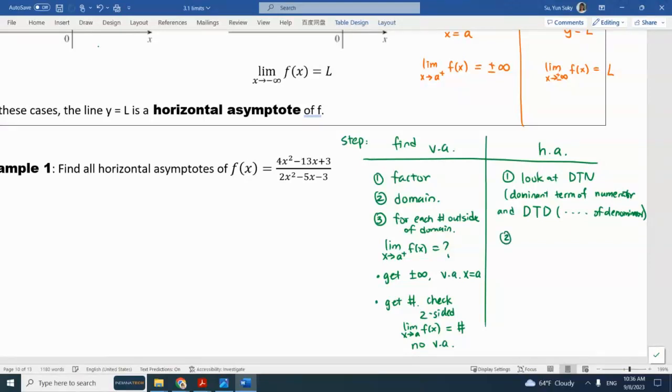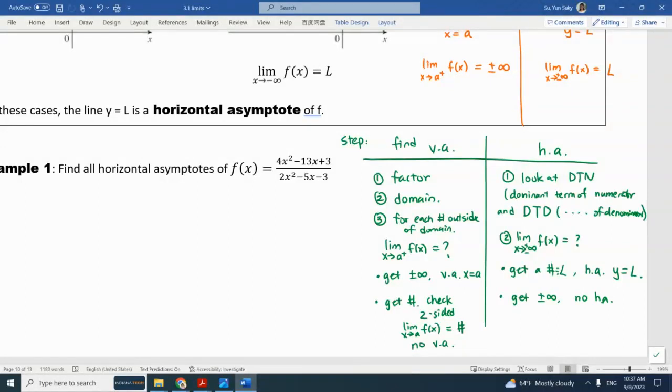Then you can compute the limit when x goes to infinity or minus infinity. If you get a number, let's say the number is L, then you have a horizontal asymptote, y equals that number L. But if you get infinity or minus infinity, then we don't have any horizontal asymptotes.